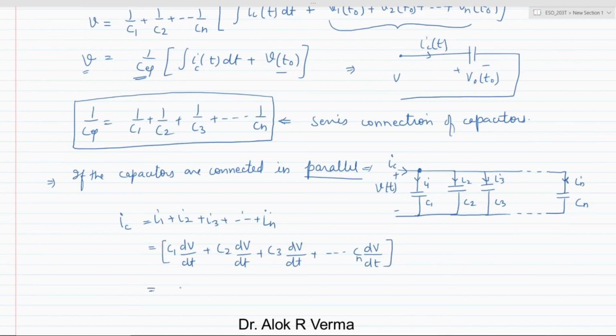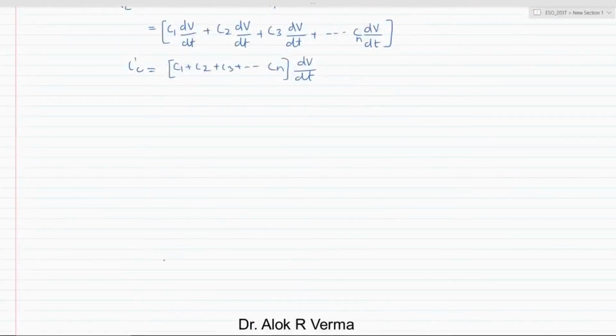Now d by dt is common, so this is like C1 plus C2 plus C3 up to Cn, times dV by dt. So this is the general equation which we got. When comparing to the equivalent circuit, IC equal to C equivalent dV by dt represents a circuit where V is the applied voltage and IC is the current.